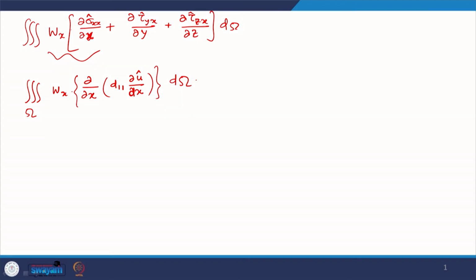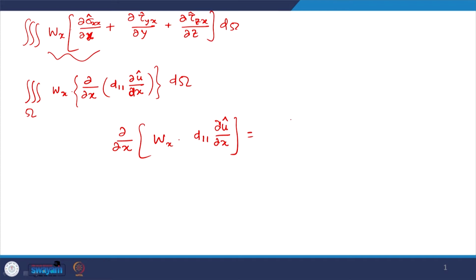Now, I can expand this by using the chain rule of differentiation.